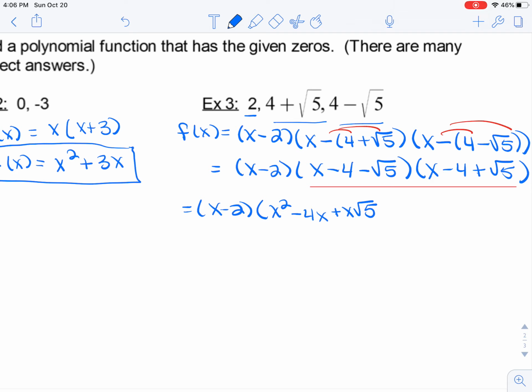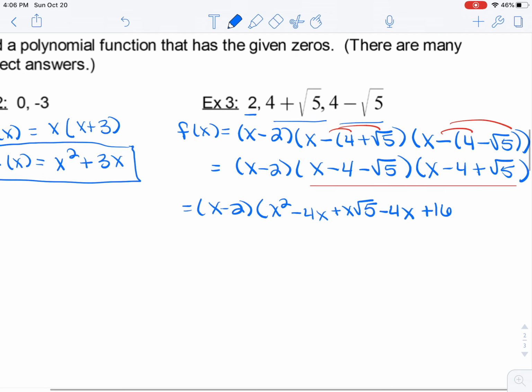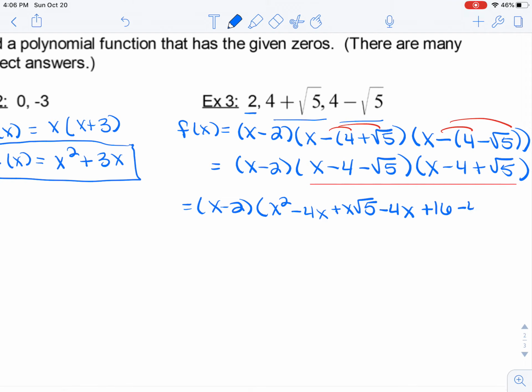And then we could distribute negative 4 to each term, so negative 4 times x would be negative 4x. Negative 4 times negative 4 would be a positive 16. And then negative 4 times 5 would be minus 4 square root 5.